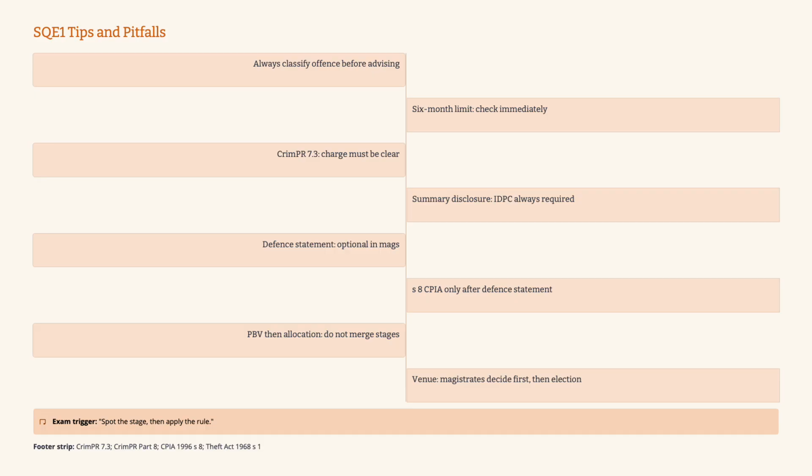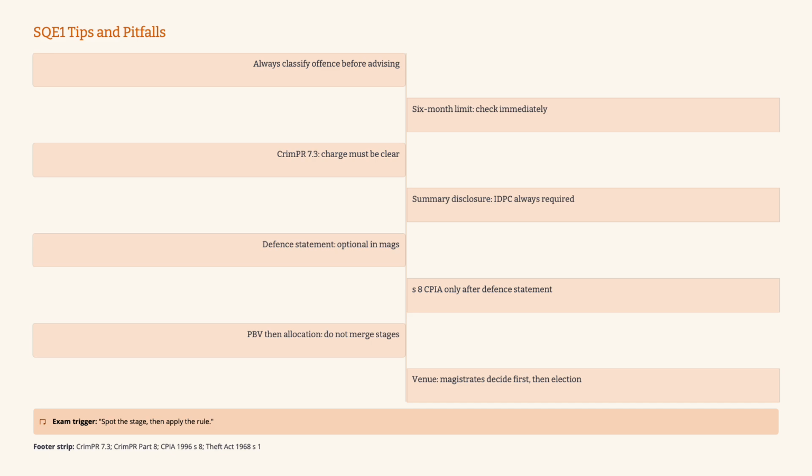Fifth, defense statements are optional in magistrates' court cases. Don't confuse this with Crown Court proceedings where they are mandatory. So, sixth, Section 8 CPIA application for further disclosure only works after serving a defense statement. You can't use Section 8 without first serving a defense statement.